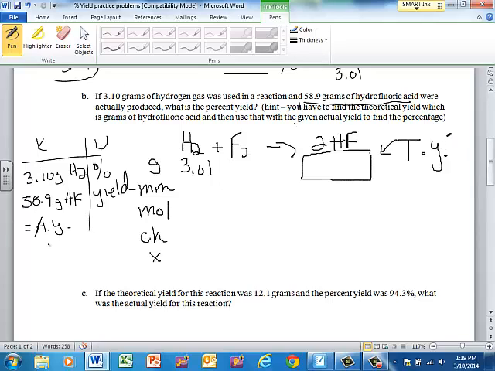This will be my theoretical yield. So I then will have theoretical yield and actual yield to find percent yield. So I take 3.01, I go grams to grams, all the way over. That becomes my theoretical yield, and then I can solve for it.